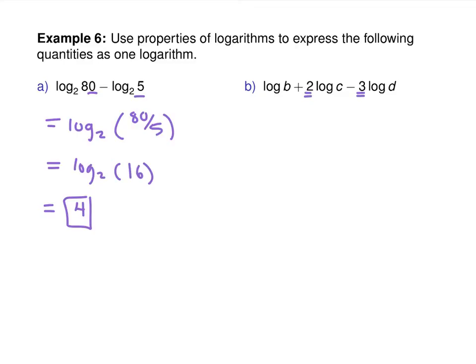So this one, what are those numbers in front actually? What did they come from? They came from powers, yep. So that's log base b plus log of c squared minus log of d cubed.